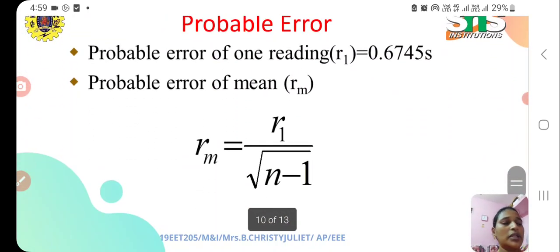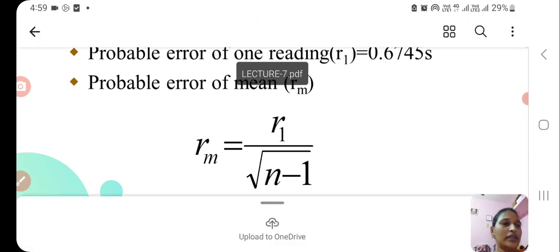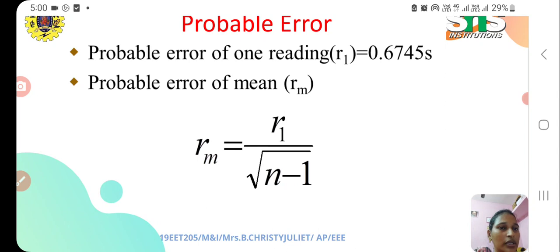Next is probable error. Probable error means, as the name implies, these errors will happen in every reading. For example, let a reading be R1, and the reading value is 0.6745 seconds. Actually the reading will be some 0.67458910, like that. The decimal points will keep on going, but we round off the value and take it.